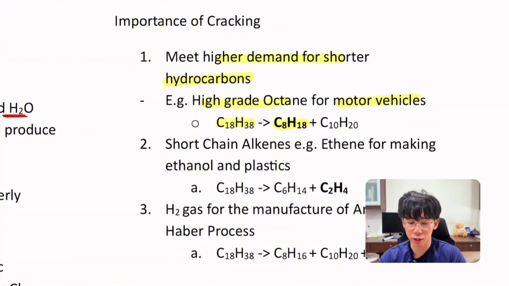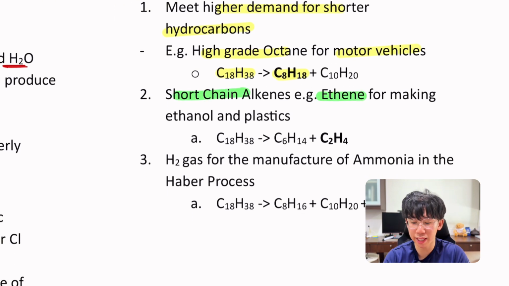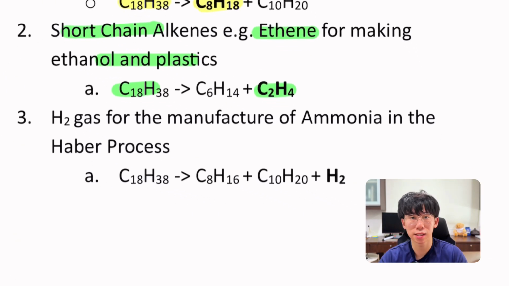Another reason it's important is because it can produce shorter chain alkenes. For example, ethene, which is typically used to make polyethylene in your plastic bags, or it can be used to make ethanol as well. So if you crack C18H38, you can also get C2H4. And the final reason is you can also get hydrogen gas from this cracking reaction.